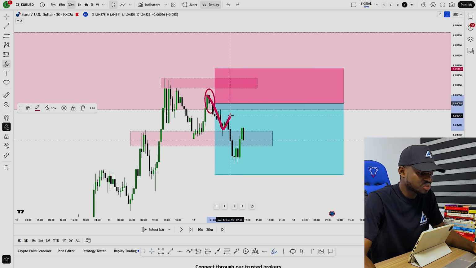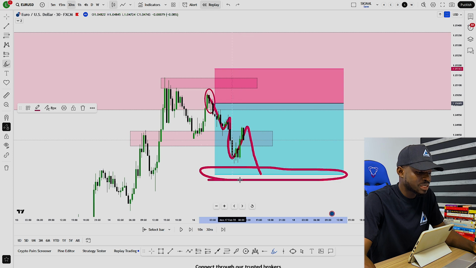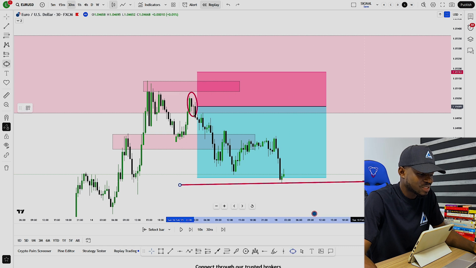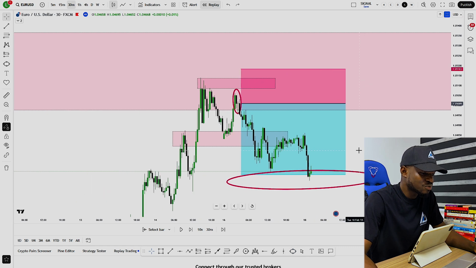Price will sell, retrace, sell, retrace. So we're expecting price to retrace here, then sell down to our point of interest. Price is almost at our point of interest, then the buyers push the price action to the upper side. So we still have to exercise a lot of patience until the price action finally smashes our take profit level zone.